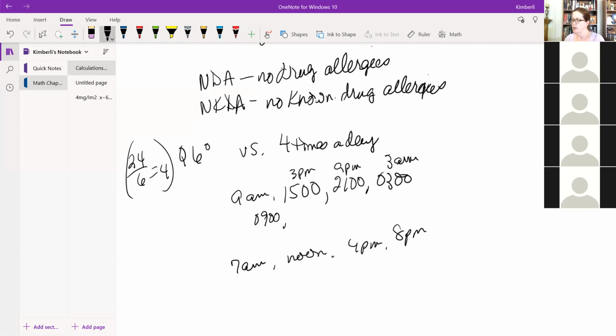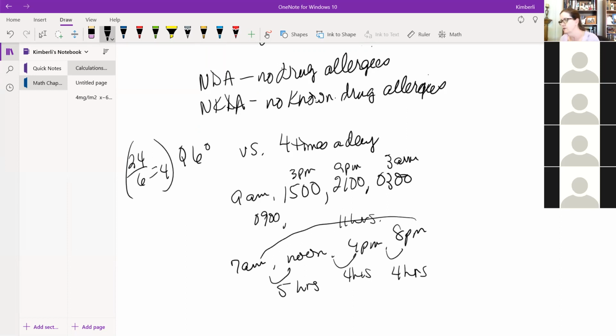So between 7 a.m. and noon, that's only 5 hours, right? Between noon and 4 p.m. is 4 hours. And between 4 p.m. and 8 p.m. is 4 hours. So are they getting it every 6 hours here? No. And then between 8 p.m. and 7 a.m. is 11 hours, right? So that's a long stretch overnight.